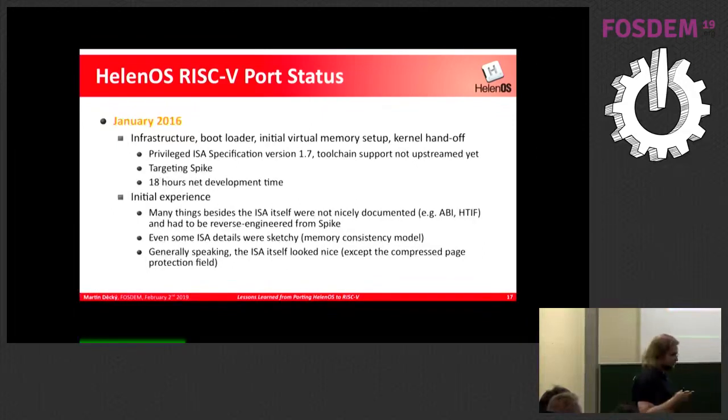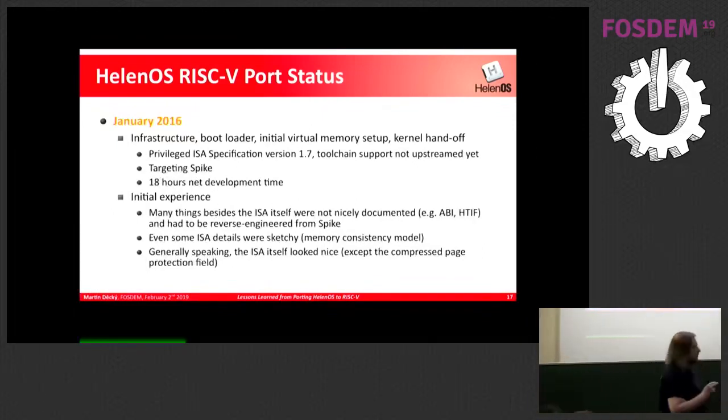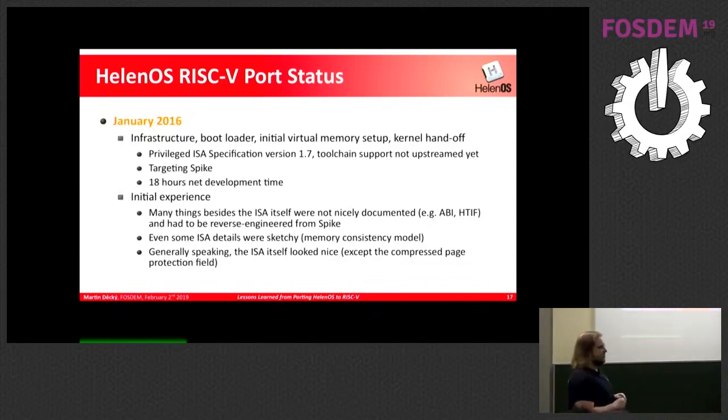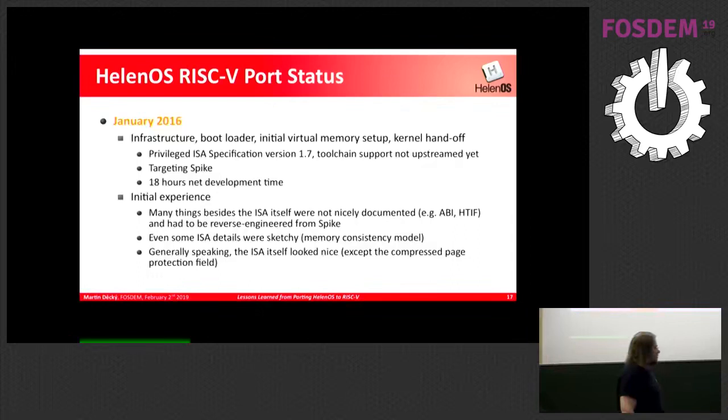Some observations from this. There were many things very badly documented at that time. Many things like the ABI or the I/O interface in Spike needed to be basically reverse engineered from the source code of the tools and of the emulator. Some other details were still sketchy, like the memory consistency model at that time. But generally speaking, the architecture, from my experience with other architectures, looked nice, maybe except the strange compressed page protection fields.